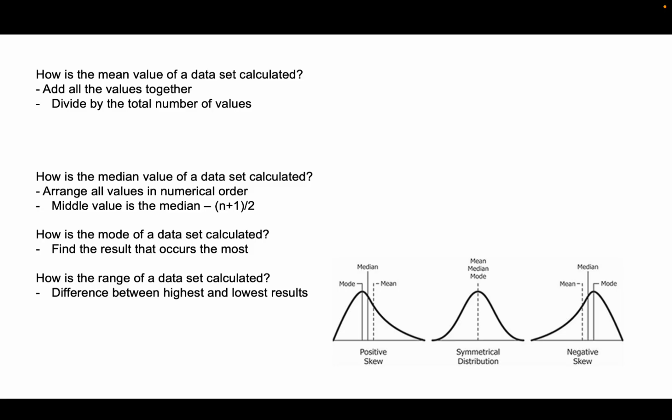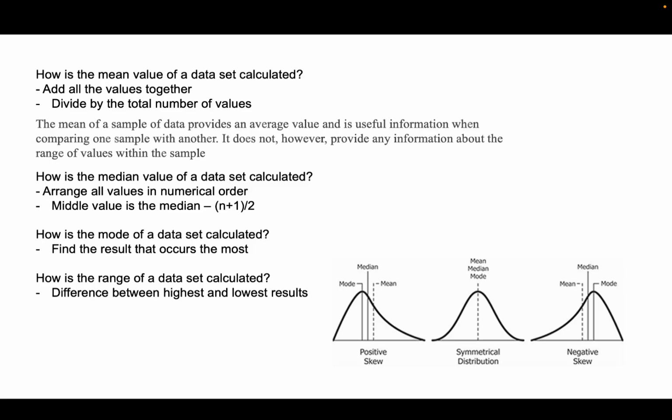Next, we're going to think about the advantages and disadvantages of a mean. The mean of a sample of data provides an average value, so it can be used for comparison. However, it doesn't provide any information about the range of values, for example.